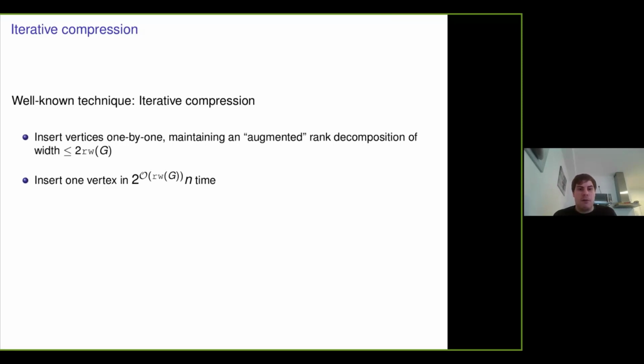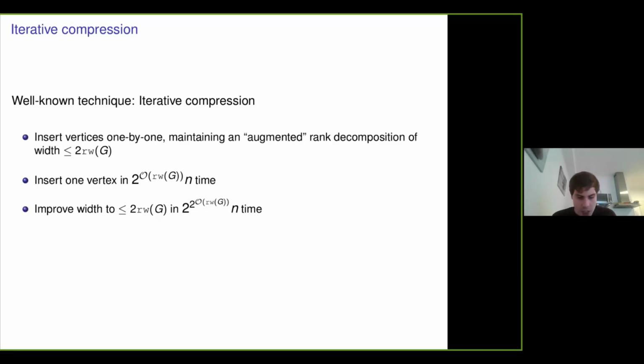When we insert one vertex into our augmented rank decomposition, it's easy: we can do it in single exponential time in rank width and linear in n. The hard part is that because we inserted one vertex into an arbitrary place in the decomposition, we may have increased the width. So now we have a rank decomposition of width 2 times rank width plus 1.